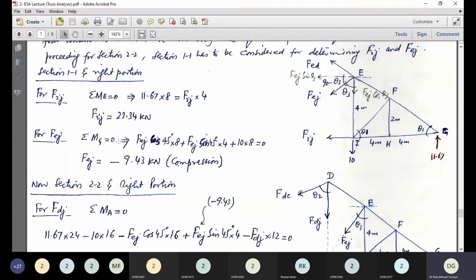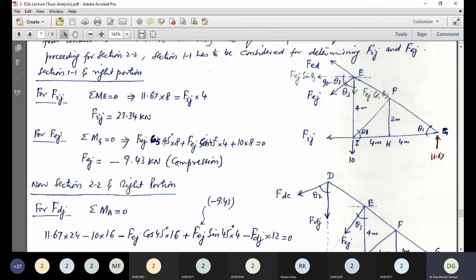Then for FEJ, this inclined member, the appropriate moment center is G, this one. इसमें क्या होगा? ED और IJ ये 0 हो जाएंगे. इसके दो कंपोनेंट हो जाएंगे, EJ cos 45 और sin 45.